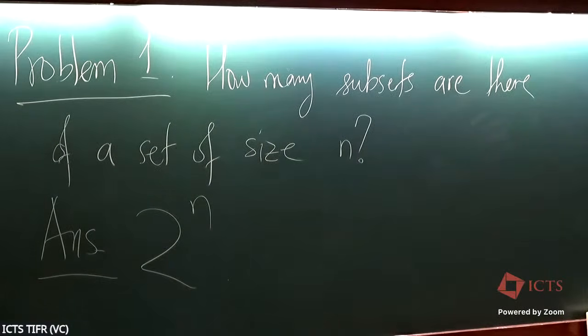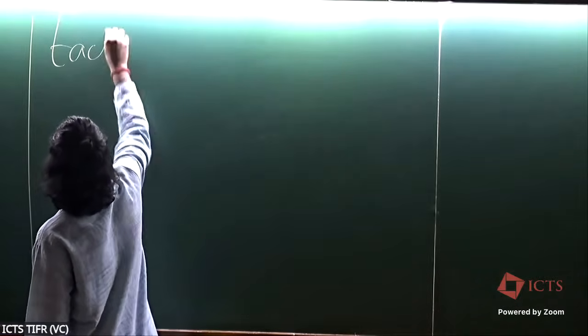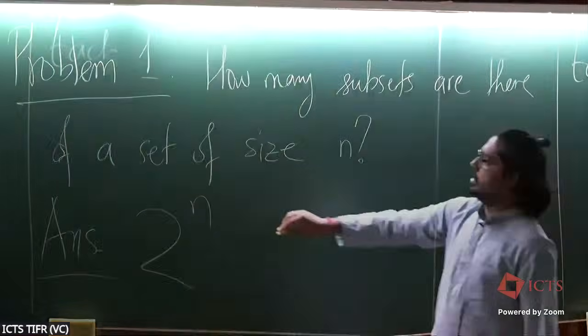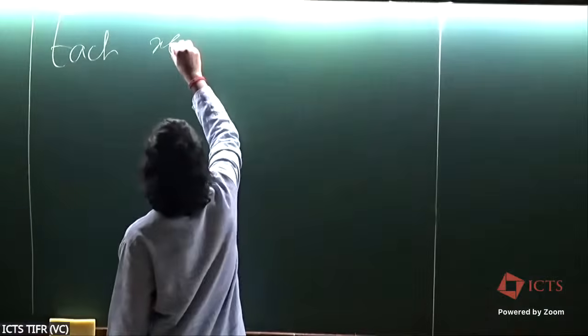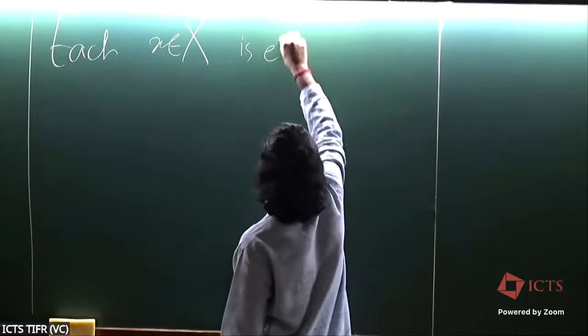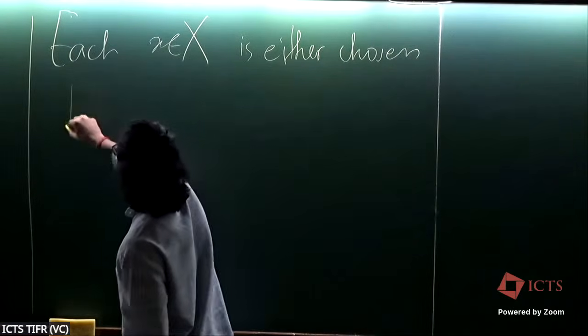Okay, very nice. So here's a simple way to count how many subsets there are. Rather than saying, let me enumerate all the subsets and then figure it out, you're giving me an algorithm which goes like this. So can you repeat that? Great. So the solution goes like this: each element x of a set X of size n is either chosen to be in the subset or not.